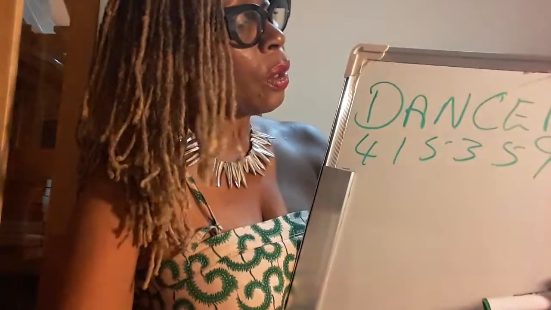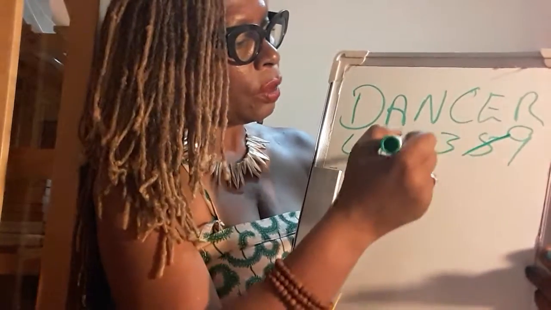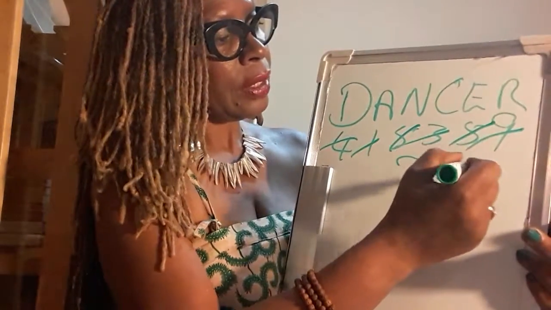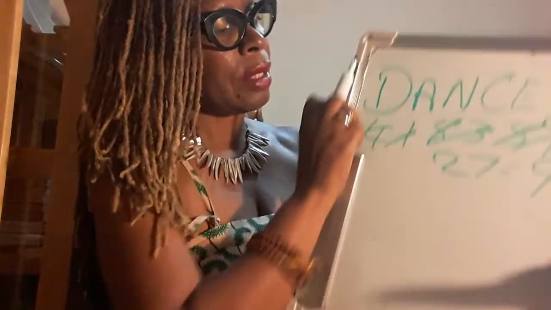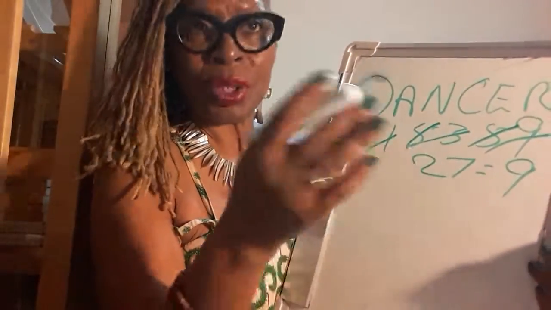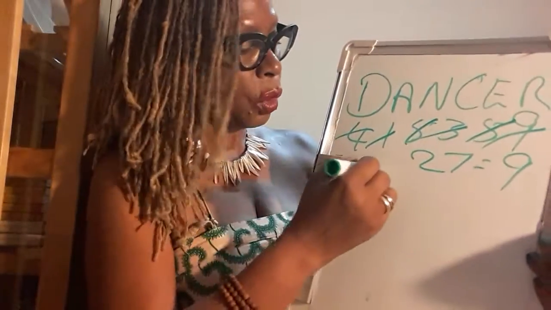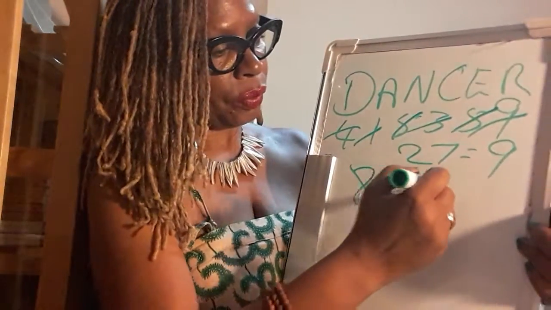So the dancer, let's add this. This is how I do this. 10, 27. 2 plus 7 is 9. If we did the numerical value for 27 in word form, let's play with this for a minute. We have done 20. We know 20 is 8, and we know 7 is 2.